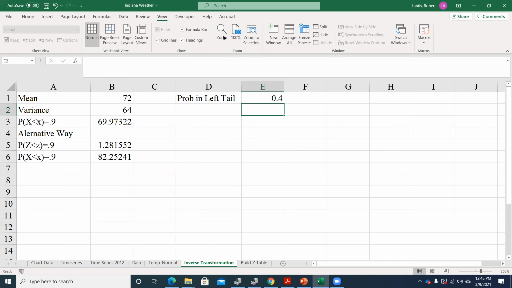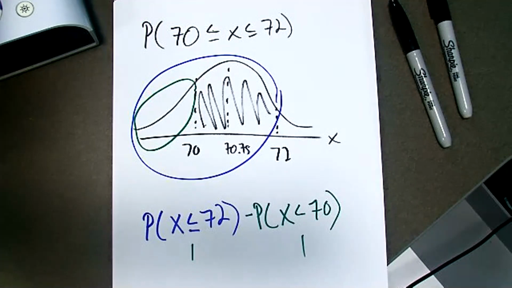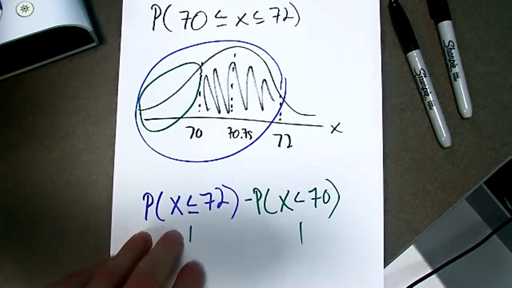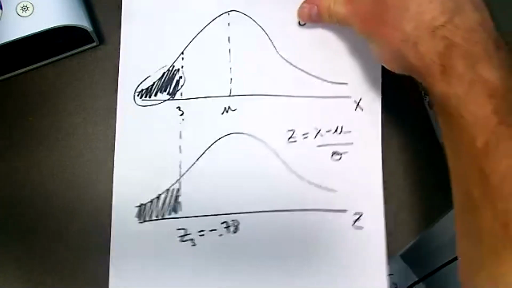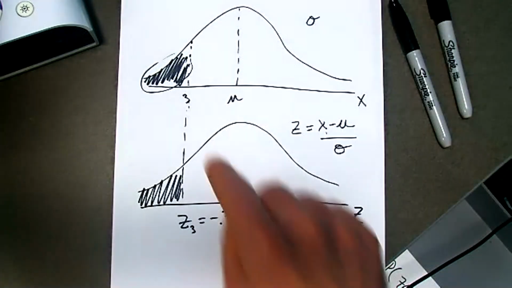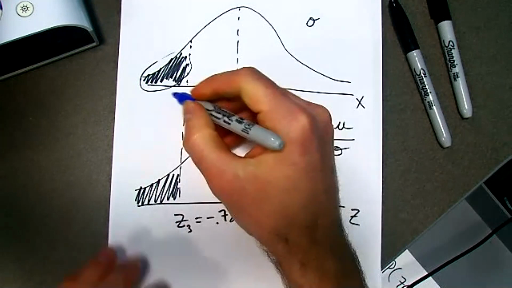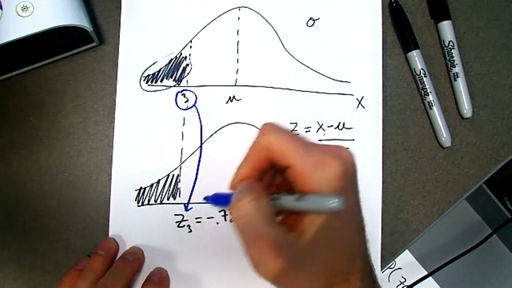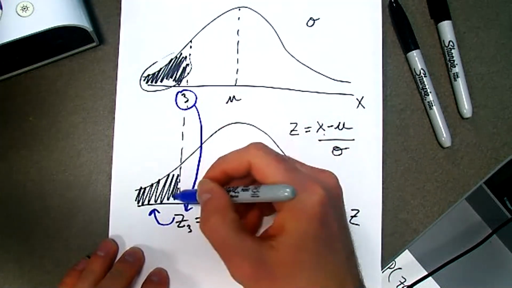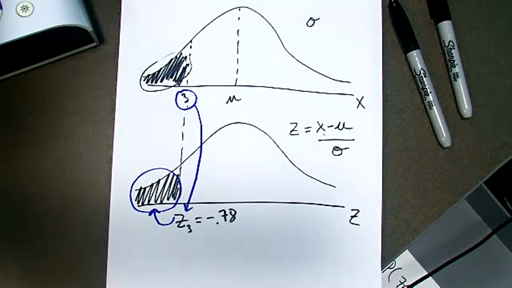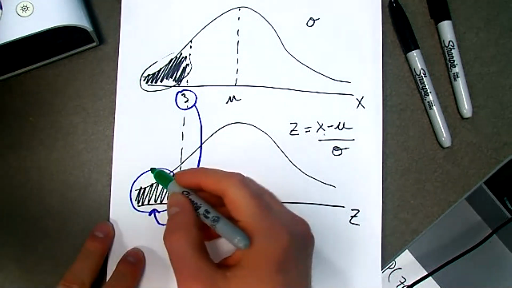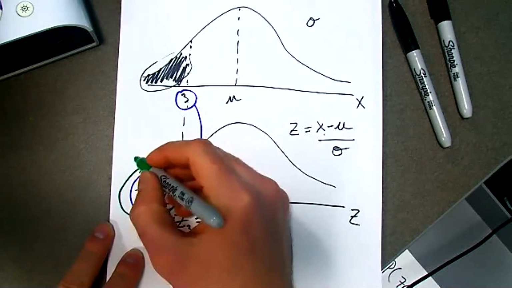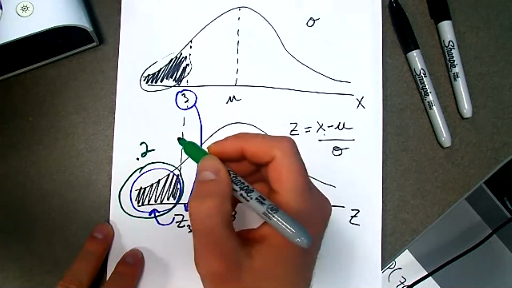So once again, I'll give you a review of what we were doing last class. What I drew for you earlier was this idea that we were taking an x value, turning it into a z-score, and then looking that z-score up to find the probability of seeing that value for a z-score or anything below it. When we worked with the inverse, what that was doing was saying, well, now I know the area I want in the tail, maybe it's 0.2.